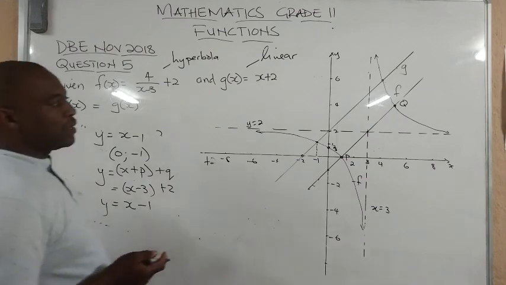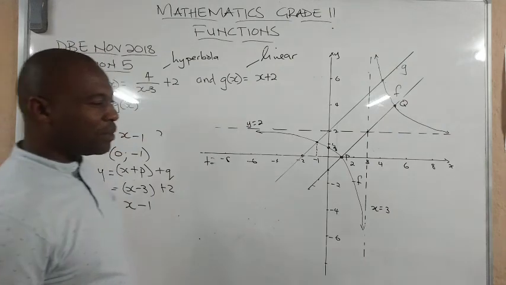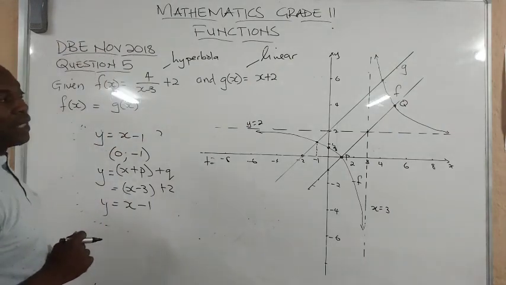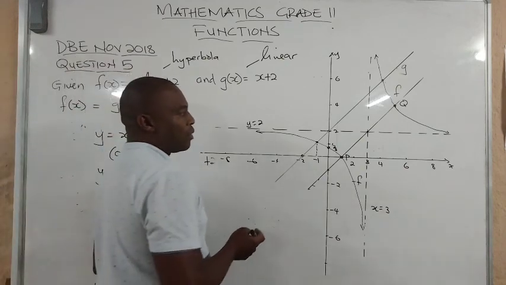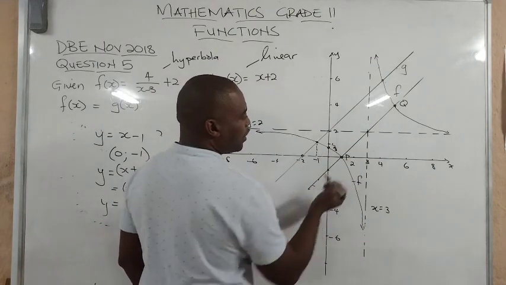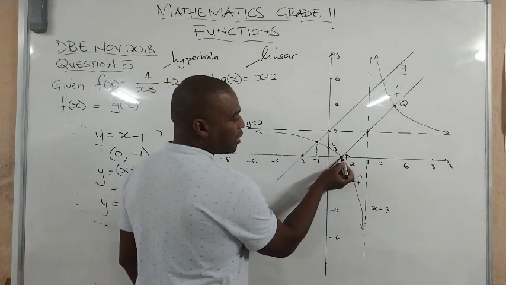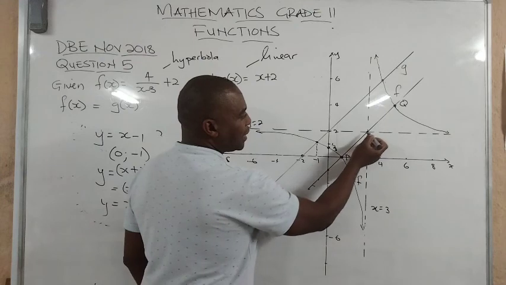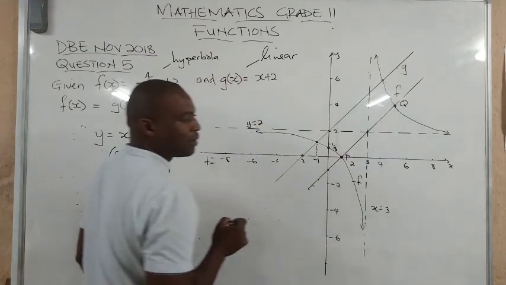Now, how do we find the coordinates of Q? There are several methods that can be employed to find the coordinates of Q. Graphically, we can find the coordinates of Q in this way, because we know that from this point to this point, it is the same distance as from this point to this point.